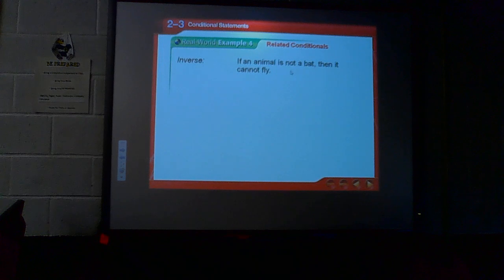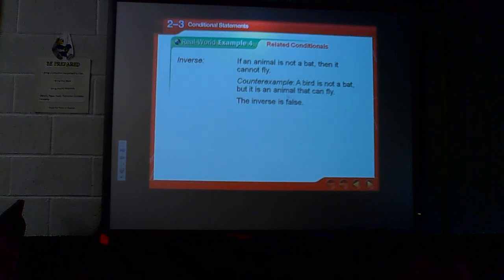If an animal is not a bat, can it not fly? Well, a bird is not a bat, but it can still fly. So my inverse would be false, because my counterexample would be any kind of bird. Well, sorry, most birds.